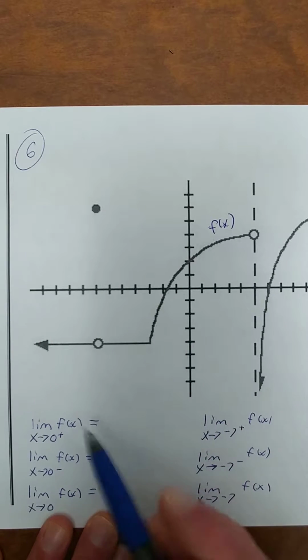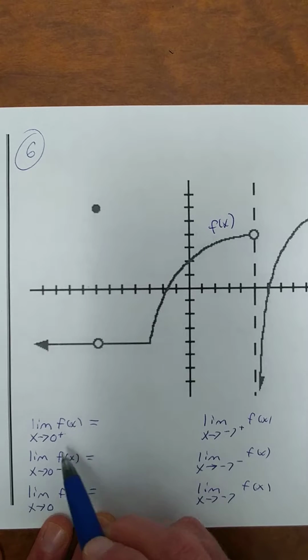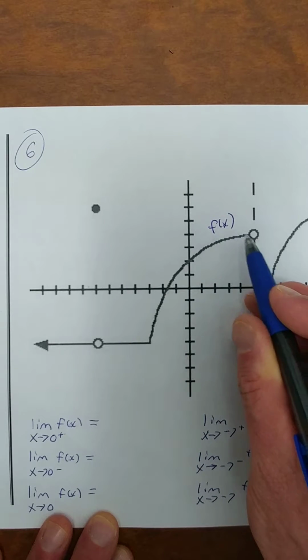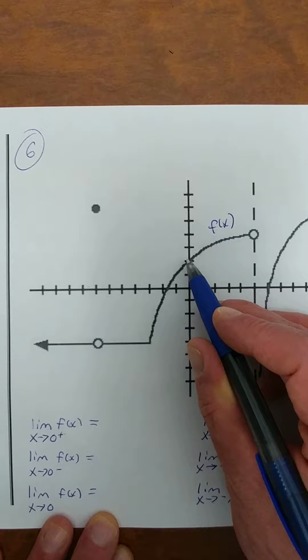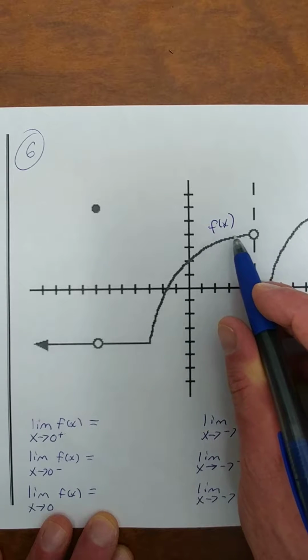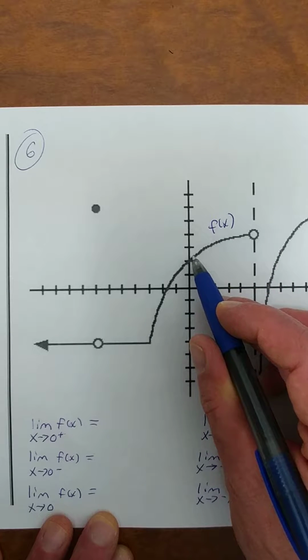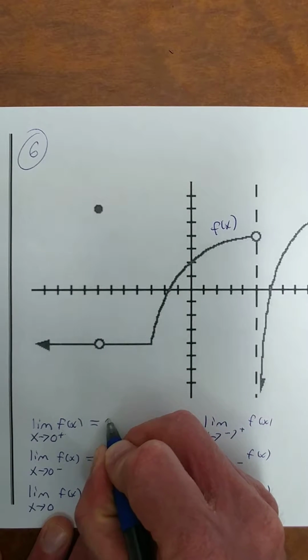And as you can see, we have the right-hand limit approaching from the right, the left-hand limit approaching from the left, and the overall limit. So as we're approaching x equals 0 from the right, it appears that the y value we're approaching is 2. So the function value, as we get closer and closer to 0, is getting nearer and nearer to 2.